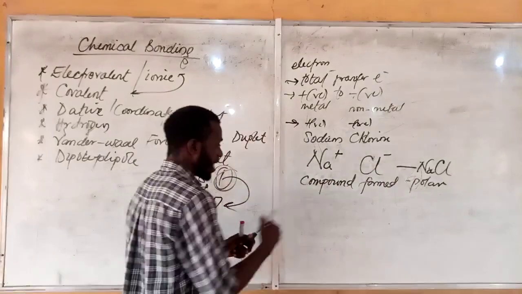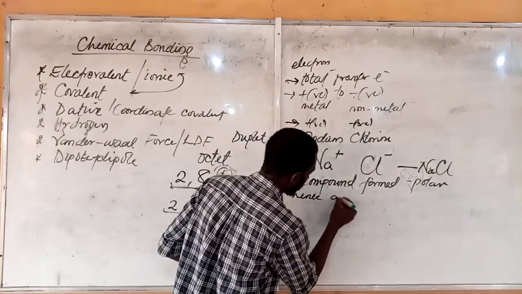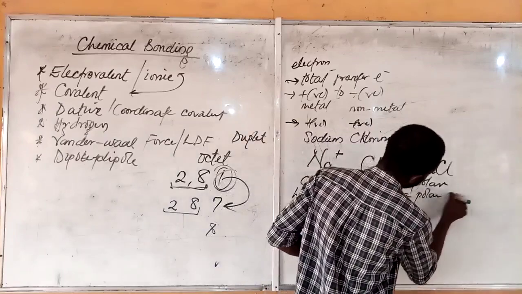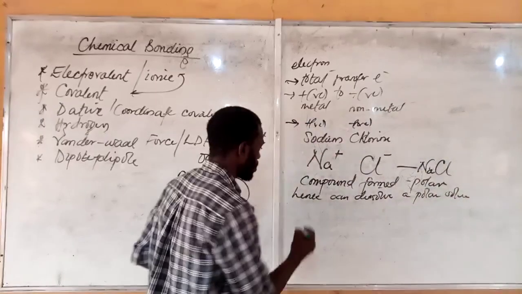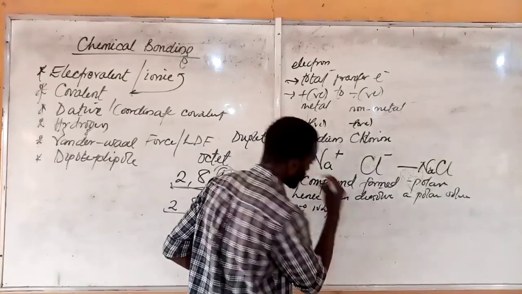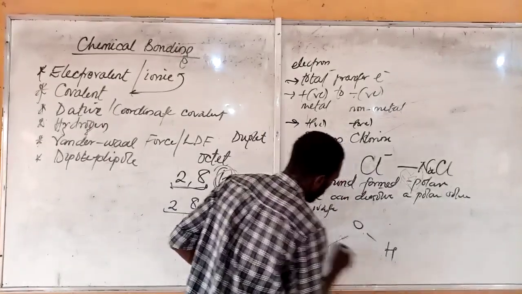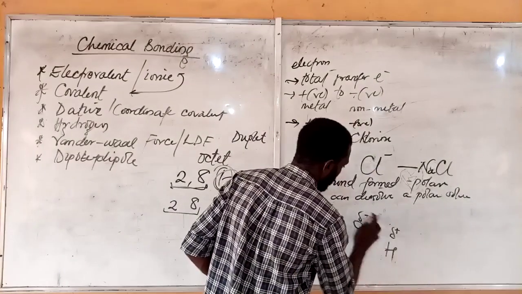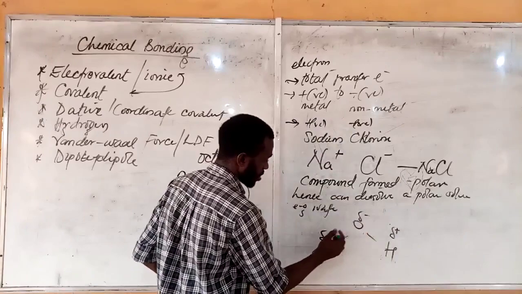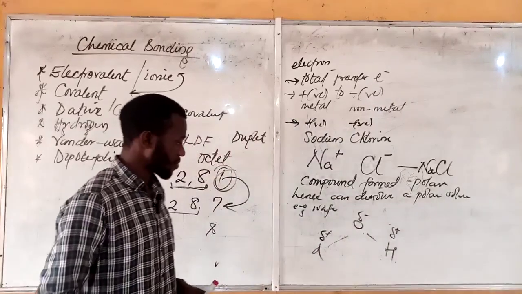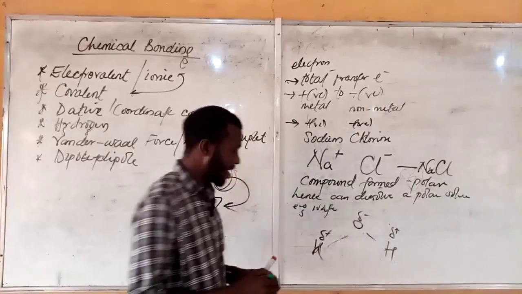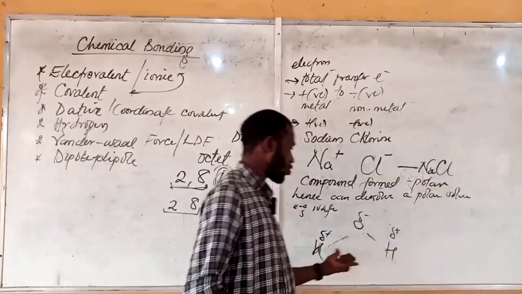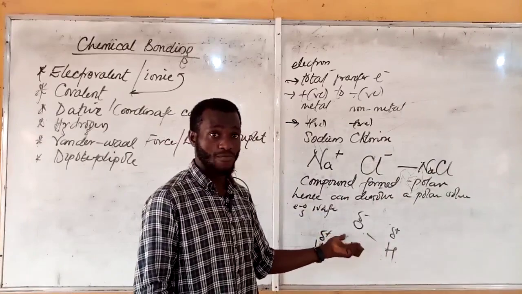And because it is polar, it can dissolve in a polar solvent. A polar solvent such as what? E.g. water. Remember, water is also polar, with a partial negative charge and a partial positive charge. All right, so what do we have here? Because this is a polar solvent, this guy being polar can dissolve in water, which is a polar solvent.